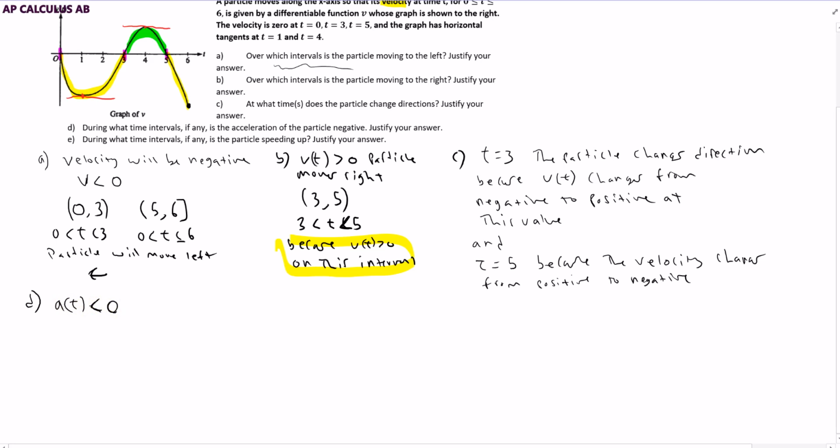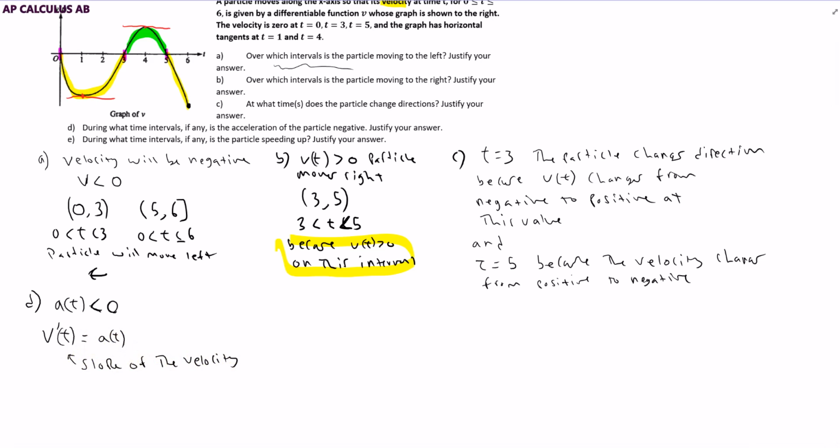We are given the velocity, so how does acceleration relate to velocity? If I take the derivative of velocity, I get the acceleration. So the acceleration is simply the slope of the velocity. The derivative tells me the slope of a function. If I want the acceleration, I have to take the derivative of the velocity.